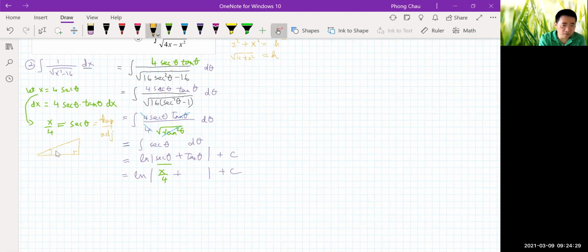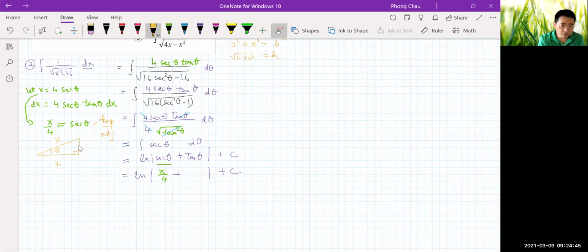So if that's the angle theta with adjacent side equal to 4, the hypotenuse is x, and x over 4 there.